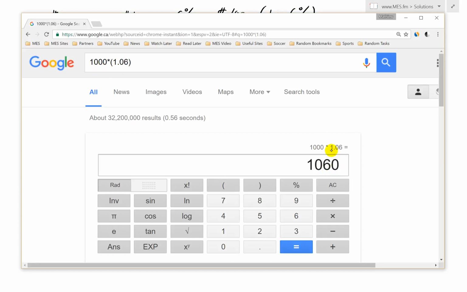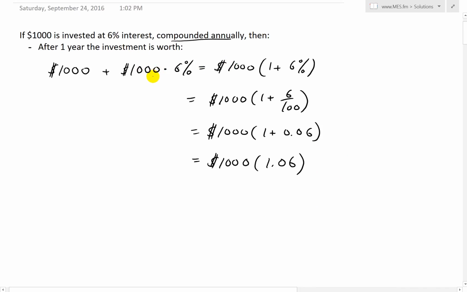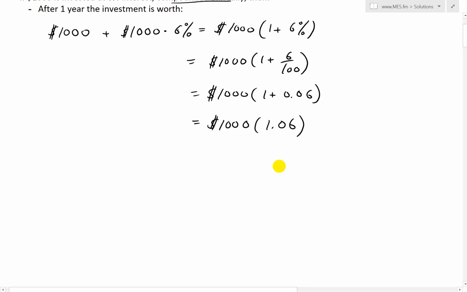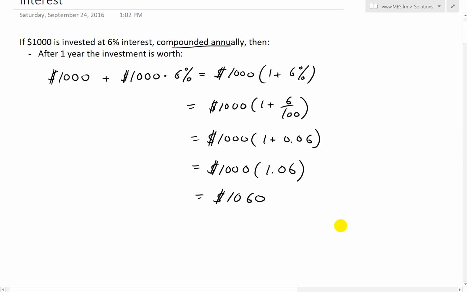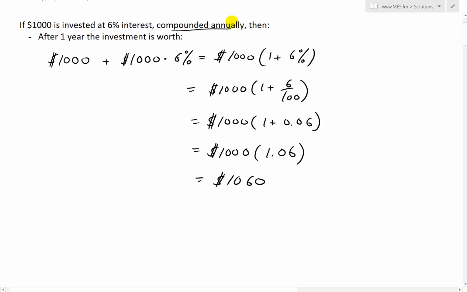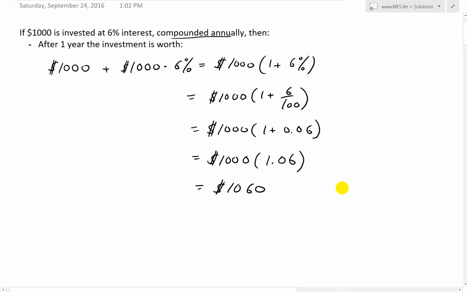If you calculate it, 1,000 times 1.06 is just 1060, which makes sense because 6% of 1,000 is just 60, because 6% of 100 is 6, times another 10, so 60 plus 1,000 is just 1060. So after 1 year adding interest of 6%, because we're compounding it annually, in other words once per year, we get 1060. That's the worth of our investment right now.